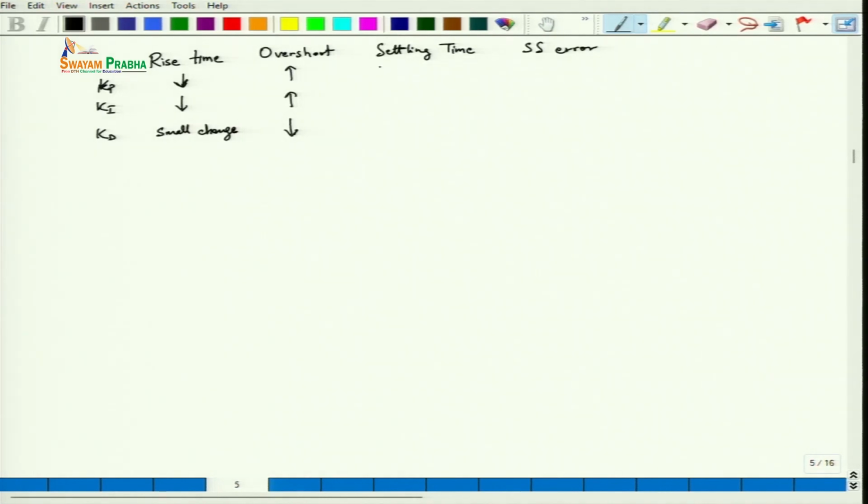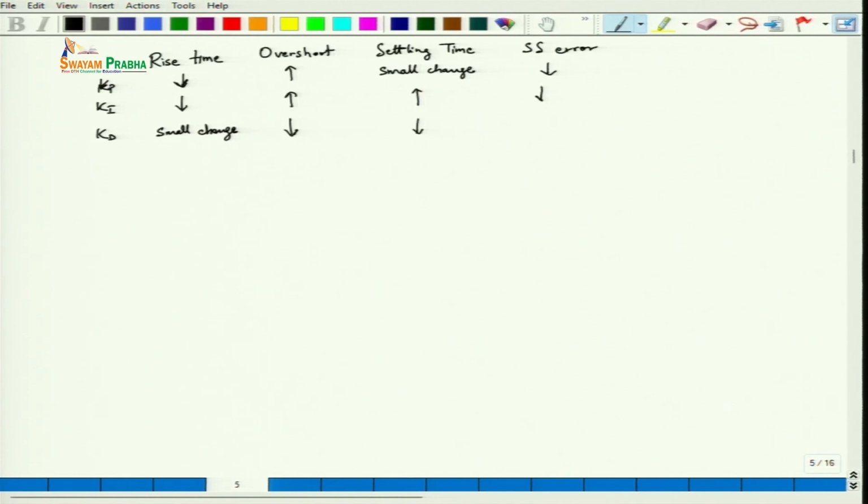Now in terms of settling time, Kp has very little effect on the settling time. Ki will tend to increase the settling time because it will result in more oscillations, whereas Kd will tend to reduce the settling time. Now coming to the steady state error, Kp will basically reduce the steady state error.